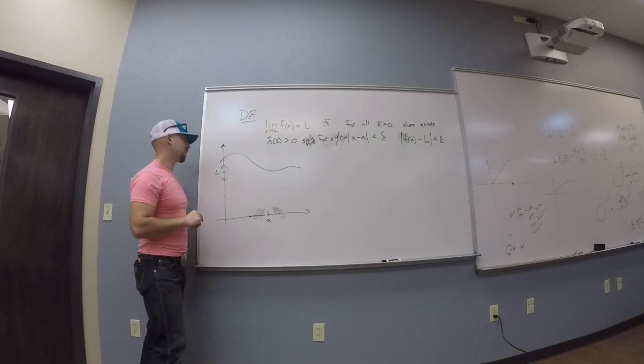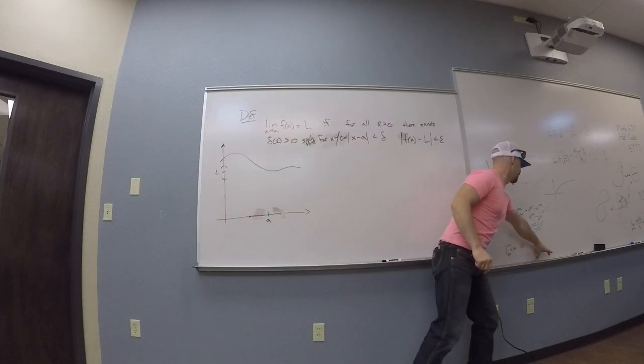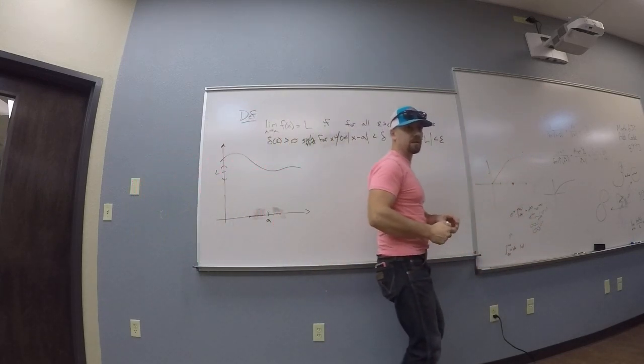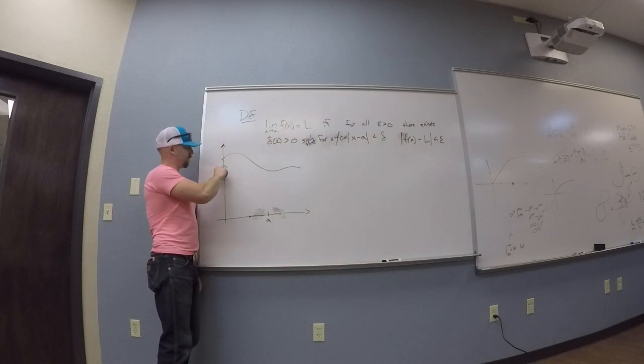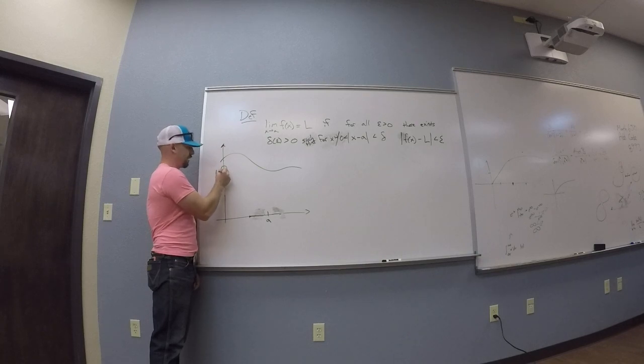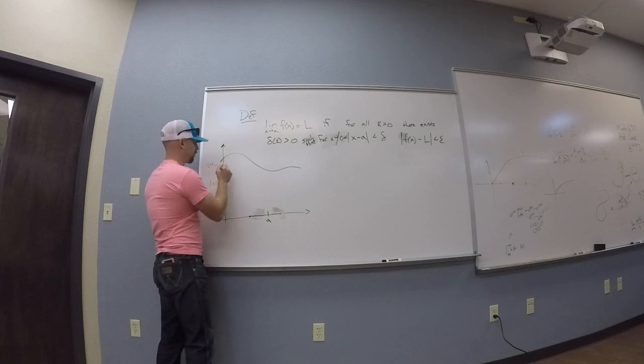Okay. So the way you're going to do this in practice is usually you're going to trace this thing back, at least graphically. You're going to think to yourself, okay, there's this little epsilon band here. So this value at the bottom is L minus epsilon, and this value at the top is L plus epsilon. So trace those out.